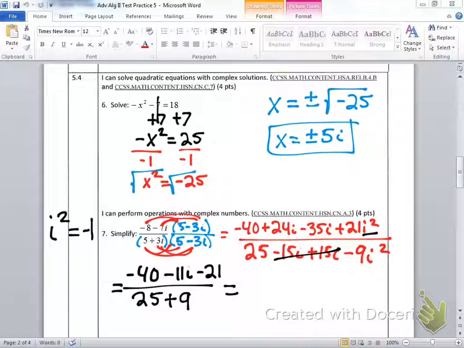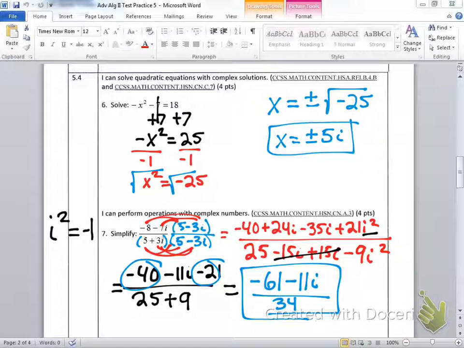Okay, now you just combine like terms again. So we have negative 40 and negative 21. So it's negative 61. So negative 61 minus 11i all over 25 plus 9, what is that? 34. Now it's simplified. That's as simple as this one's going to get.